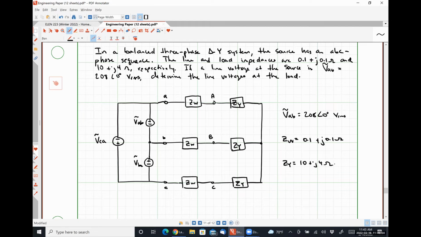What am I asking you guys to determine? Which would be what? What we call them. So capital VAB, capital VBC, capital VCA.